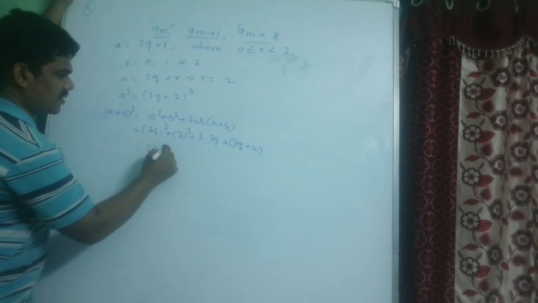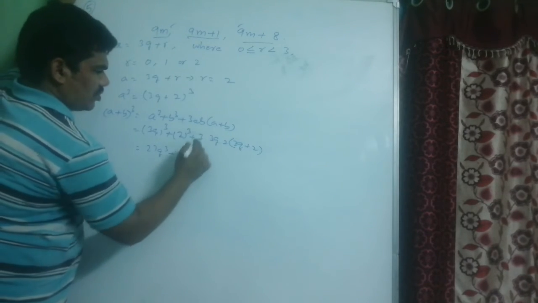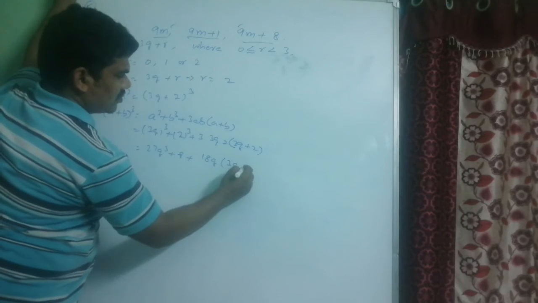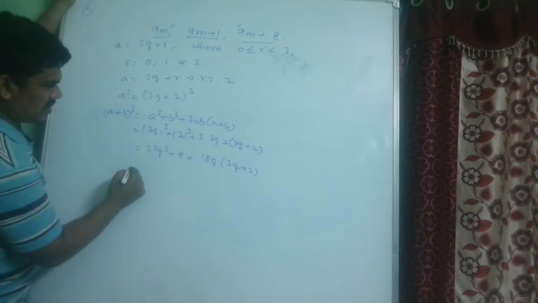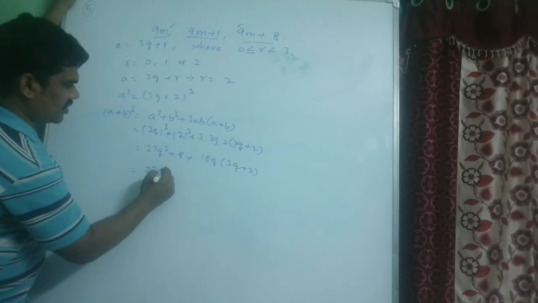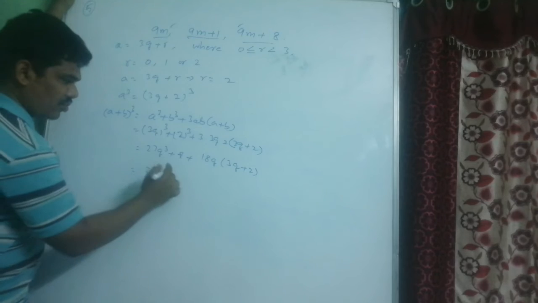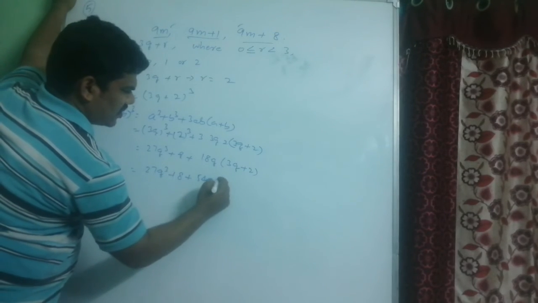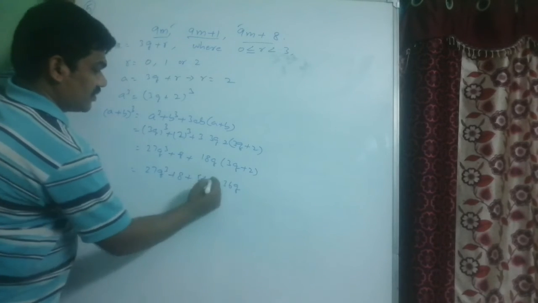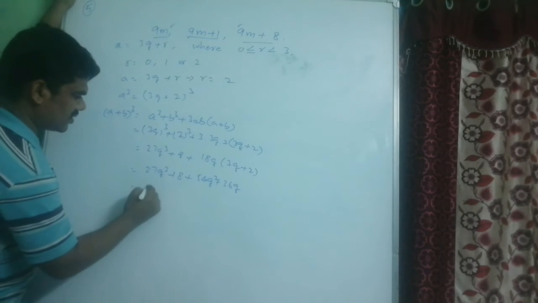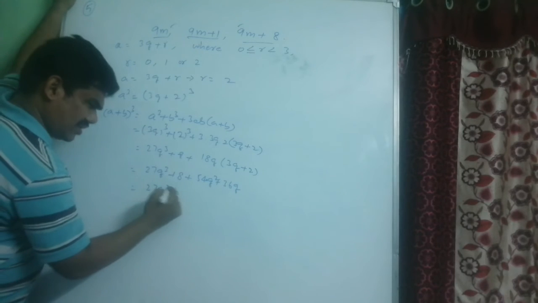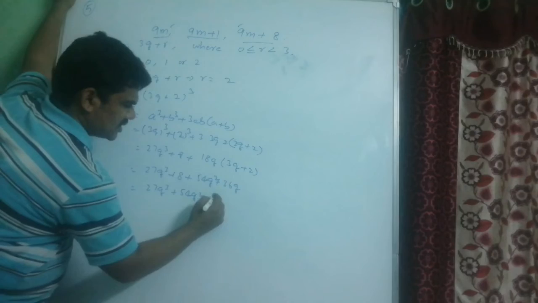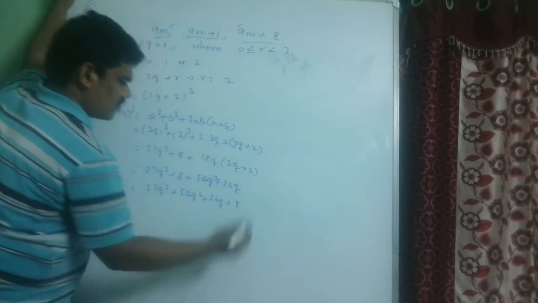So 27 q cube, 2 cube is 8, 9 2 is 18, 18 3 is 54, 18 2 is 36. So 27 q cube plus 54 q square plus 36q plus 8.